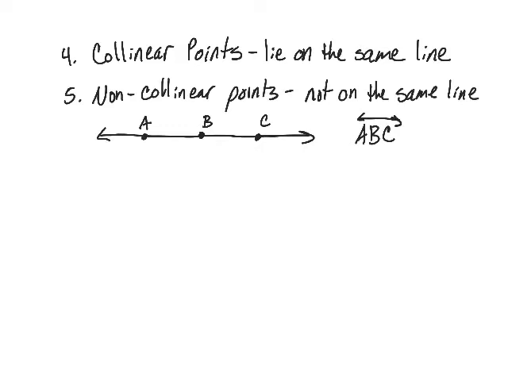That tells me that even if I might be off a little bit in my drawing, by having this symbol, ABC all lie on the same line. Now let's say we have point D out here. D does not line up with A, B, and C. So you can say A, B, C, and D are not collinear. They are non-collinear.